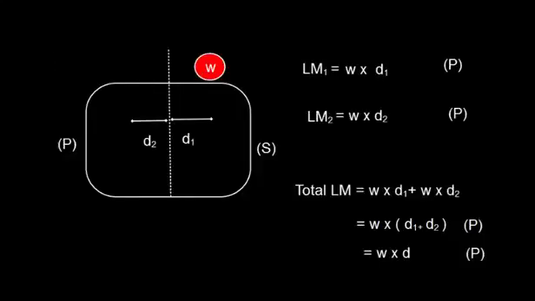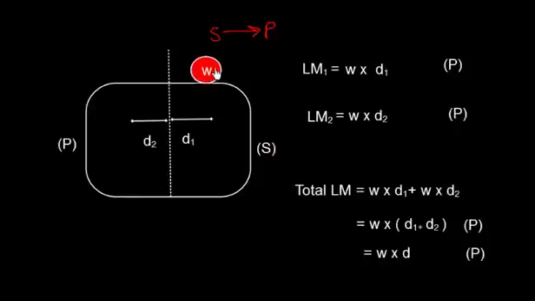So now let us consider the scenario. I shift some weight from here to here, from starboard to port. So first let us consider I pick up this weight. This is as good as discharging the weight. So list moment 1 will be W into D1.